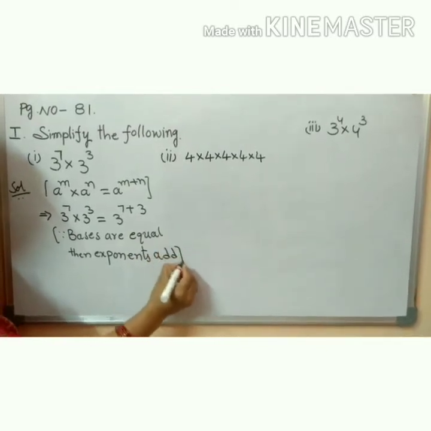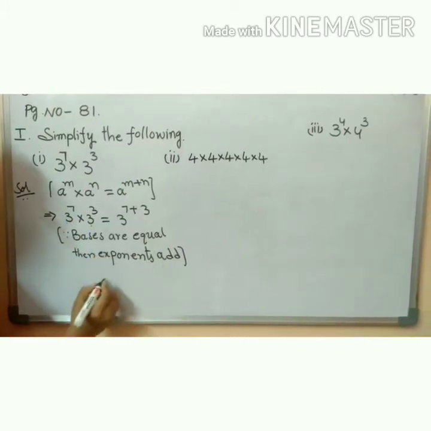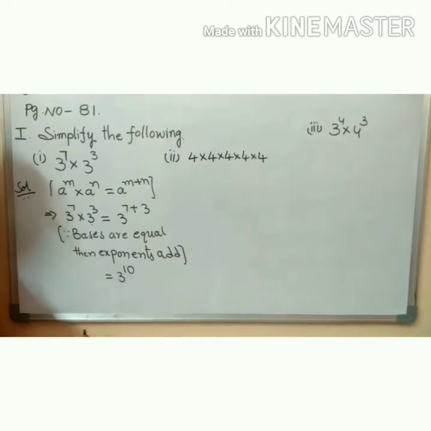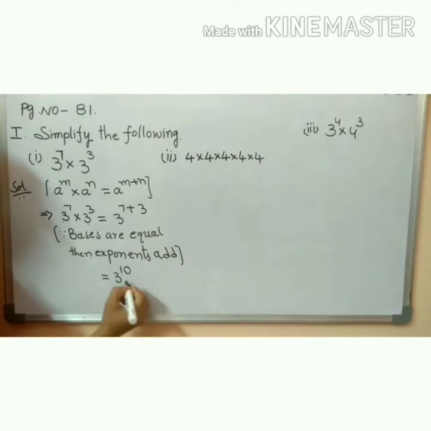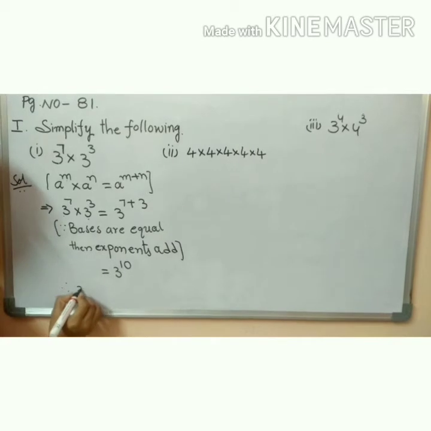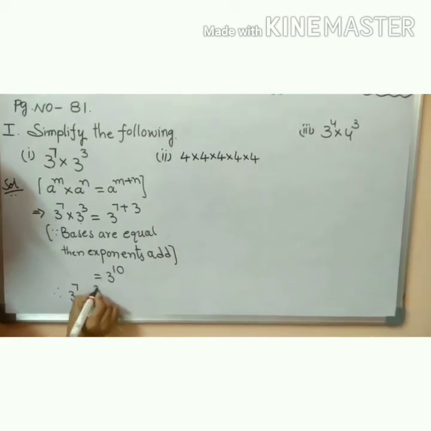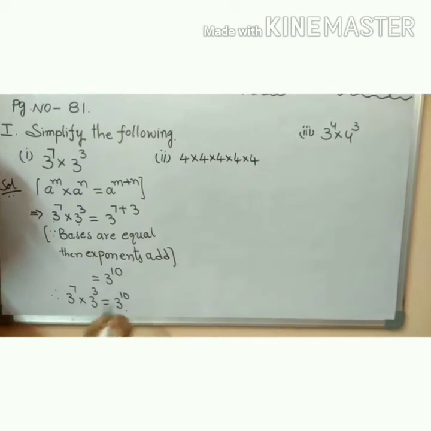Bases are the same, so the exponents add. So that is equal to 3 power 10. Therefore, 3 power 7 into 3 power 3 equals 3 power 10.